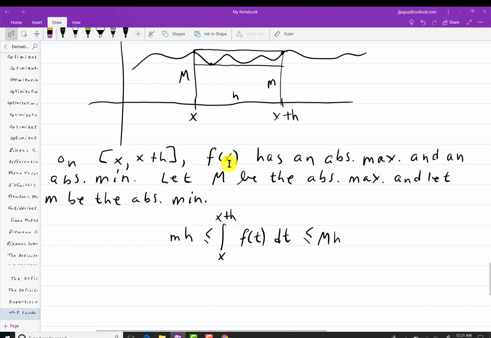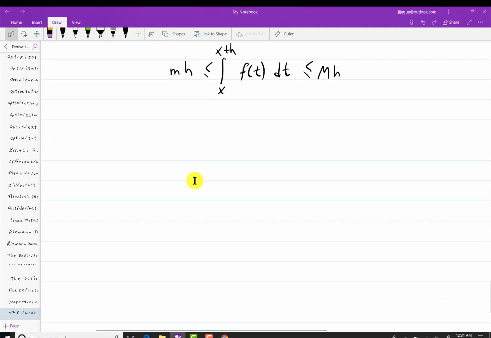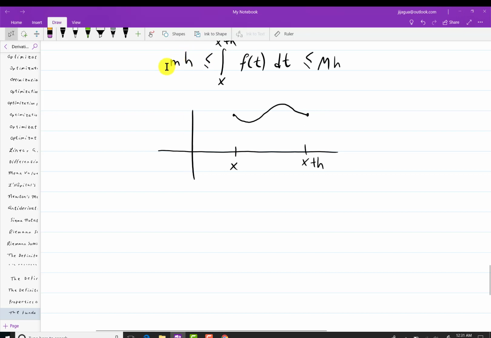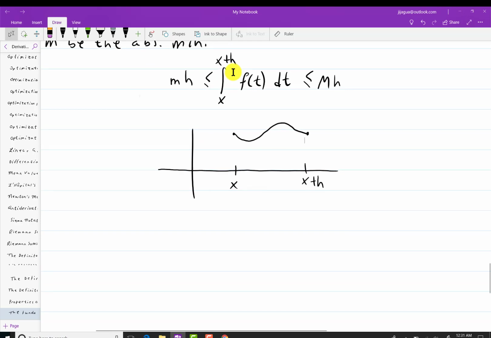And so now let's take a look at this interval in some more detail. Remember, I'm trying to actually get the value of the integral here between x and x plus h. And whatever it is, it's between these two values.